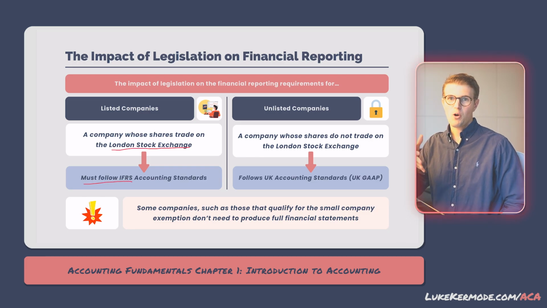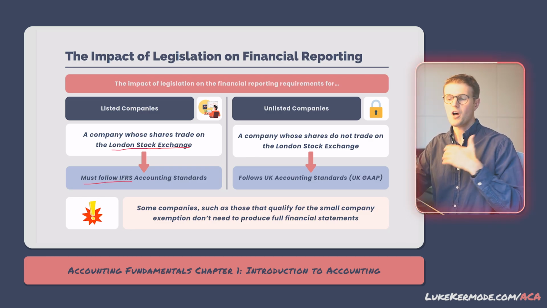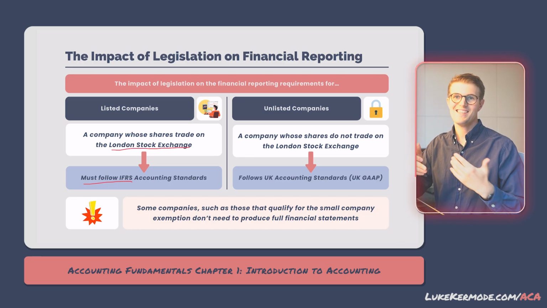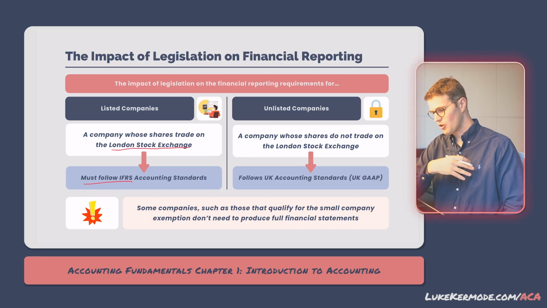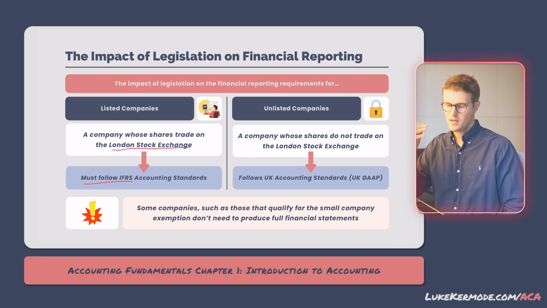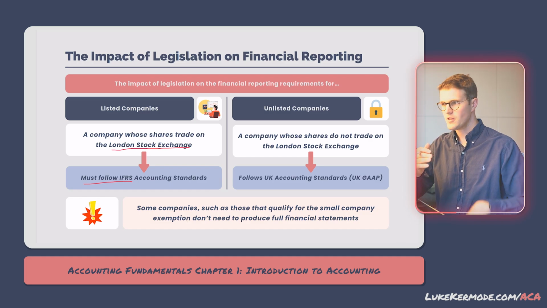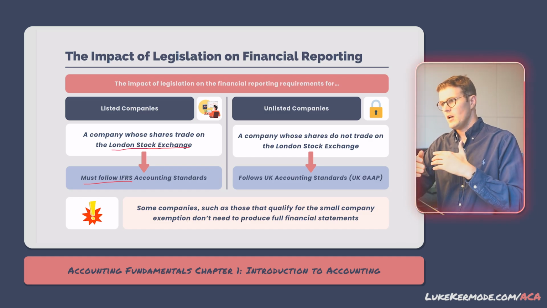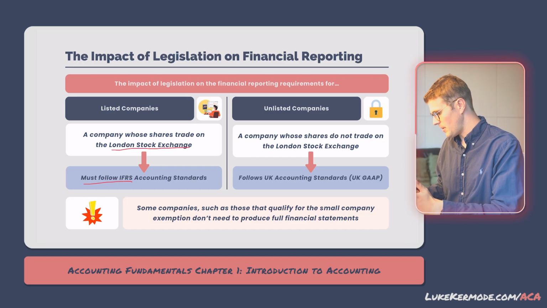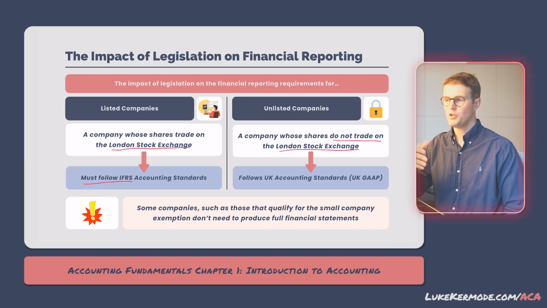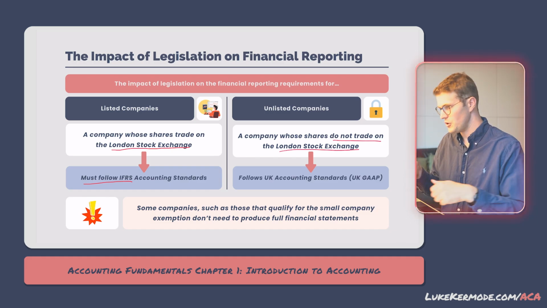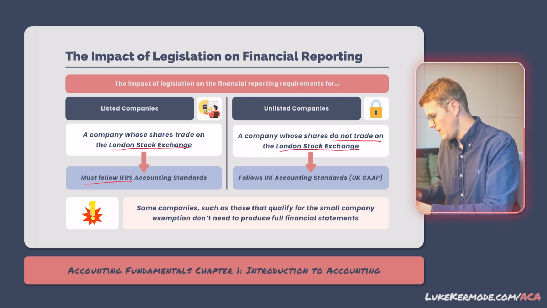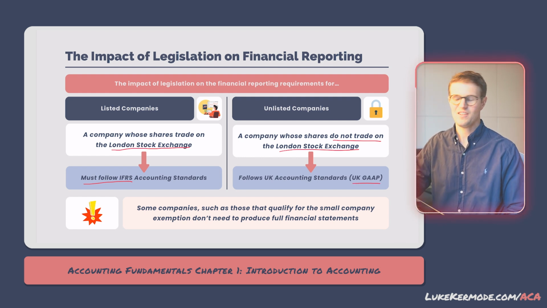Listed companies need to follow IFRS because these standards are designed to promote transparency, consistency, and comparability across international markets. In contrast, unlisted companies, so these are private businesses that don't offer their shares to the public, generally follow UK accounting standards such as UK GAAP, as opposed to international accounting standards.